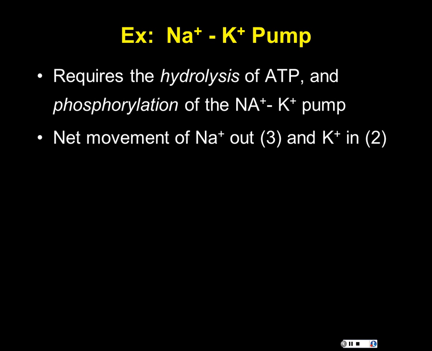Based on this directionality alone, I know there's an ion imbalance wherever there's a pump. Where would sodium be in greatest concentration in a cell that has a sodium-potassium pump? In or out? Out. How do you know? The pump is pumping it out. We know it's active transport against the gradient.